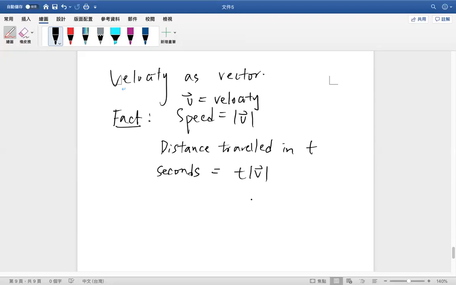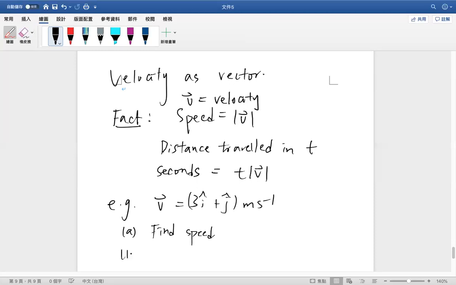Is this okay? Yeah. Okay, so let's look at an example. For example, v is 3i plus j meters per second. So a, find the speed, and b, find the distance traveled in 4 seconds.